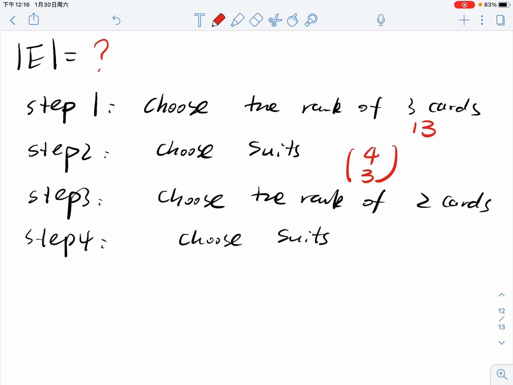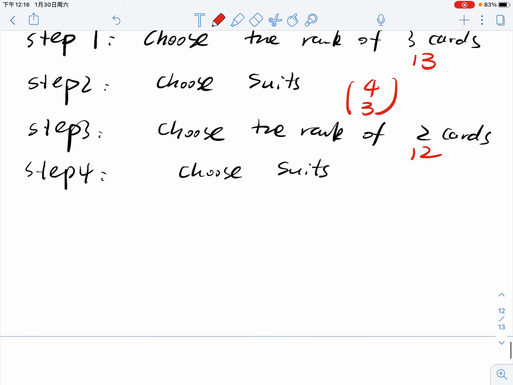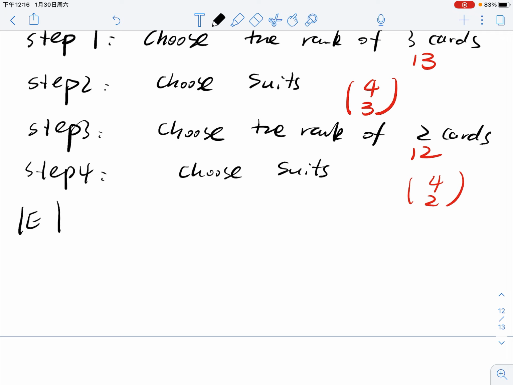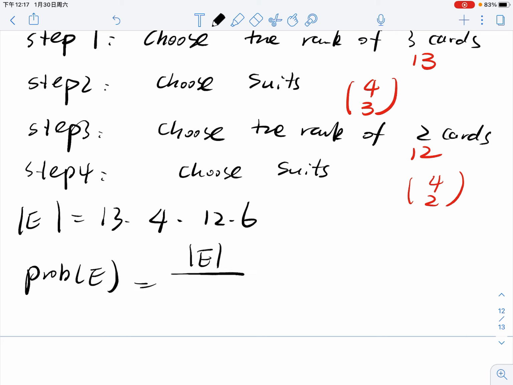And then when you choose the rank for the 2 cards, you only have 12 choices because you already chose one. And for the suits, you have 4 choose 2. Therefore, the cardinality of E is 13 times 4 times 12 times 6. And then the probability of E is the cardinality of E divided by the cardinality of S.